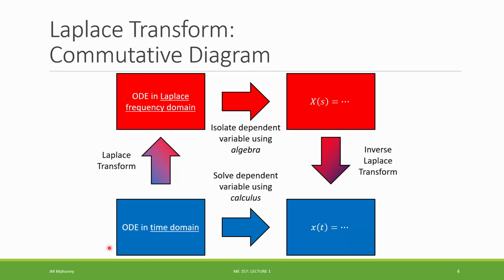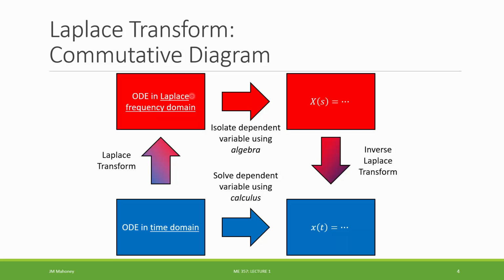So what we're going to do is take that original ODE in the time domain, and we are going to be taking the Laplace transform of both sides of that equation. And now we have our same equation, but now everything is in the frequency domain. Everything's in terms of s, or more specifically, the Laplace frequency domain. So we've converted everything from t to s. We are doing those Laplace transforms.